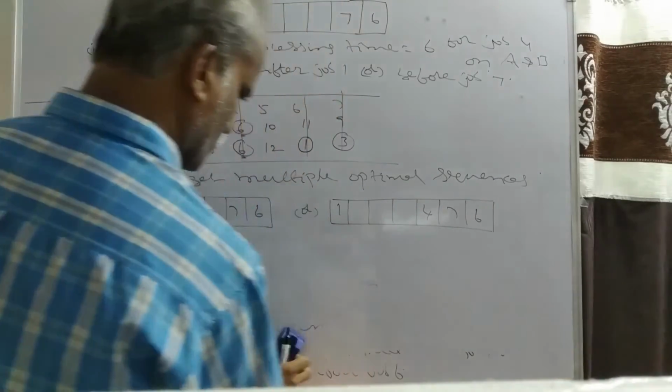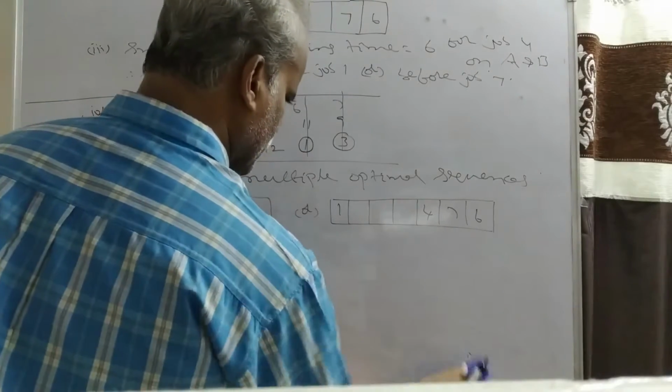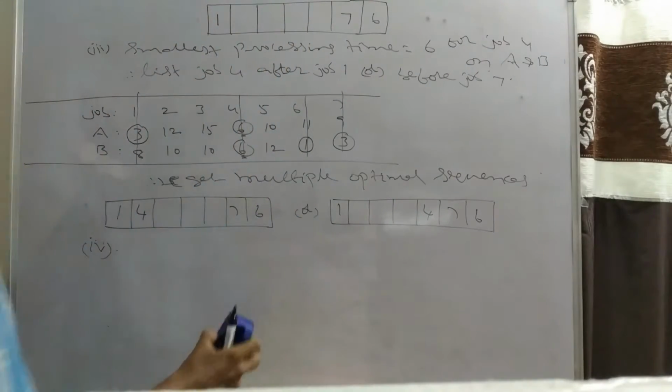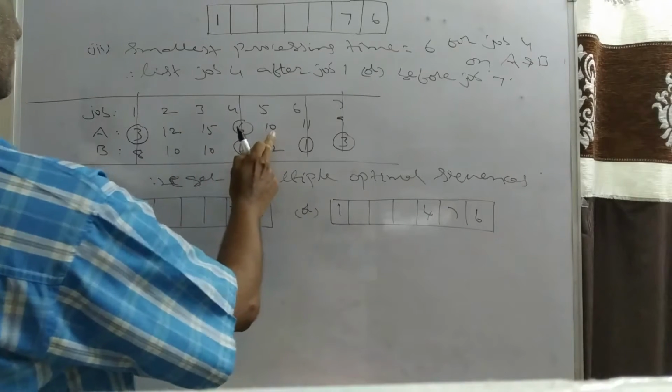Fourth step. Again, the smallest processing time among the remaining jobs is 10.